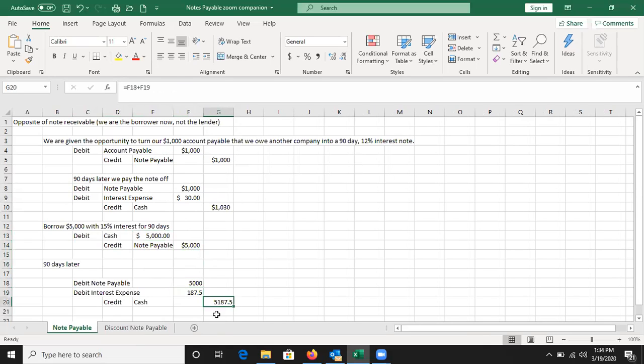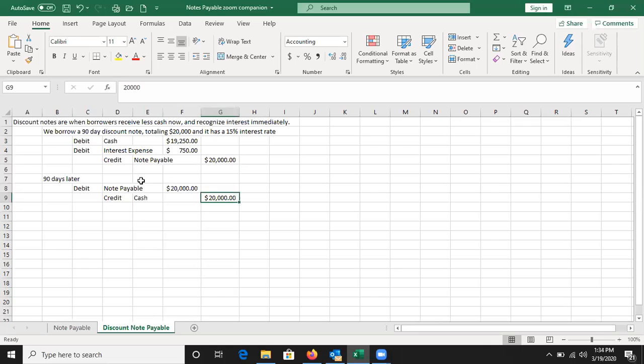So it totaled more than the face value. With the discount note, we are receiving less cash upfront. We recognize interest immediately, but when we have to pay it all back, we only pay back the full amount of the note. So that's what a discount note is. Basically, if you don't want to have to pay more money in the future, this is a good way to go.